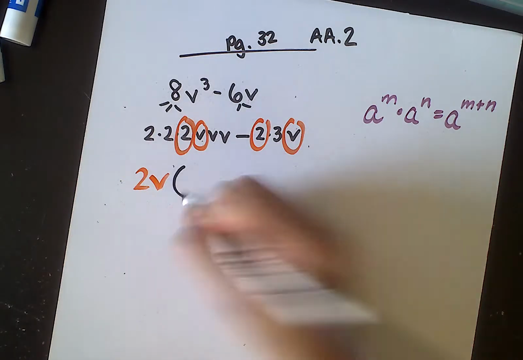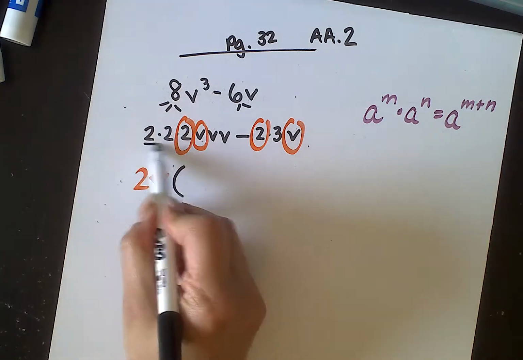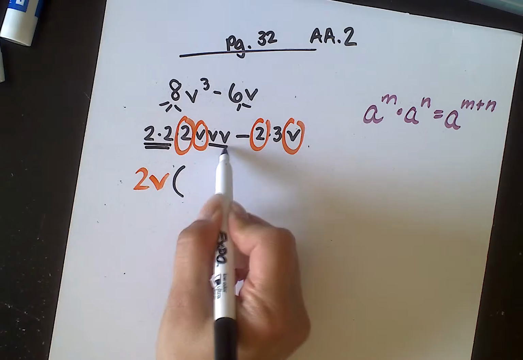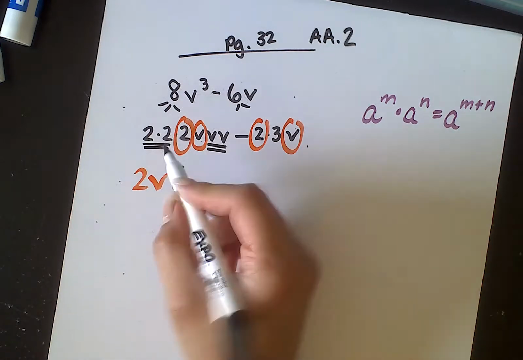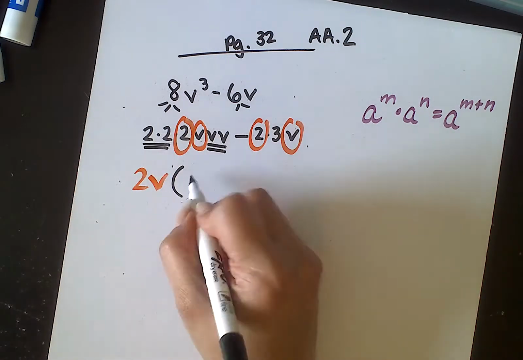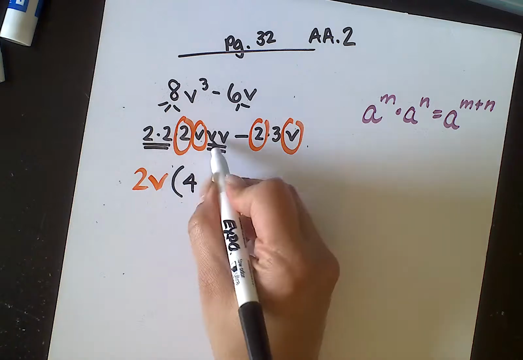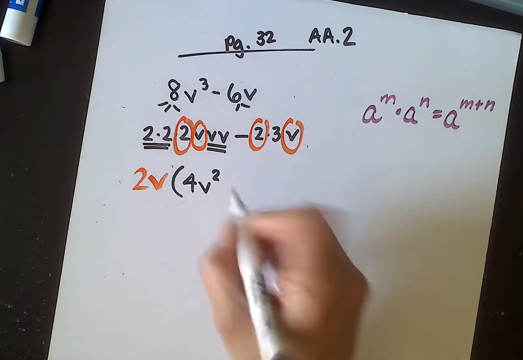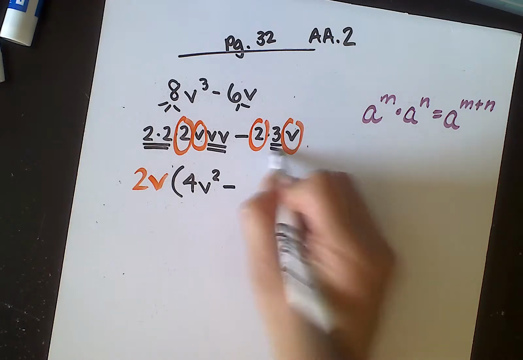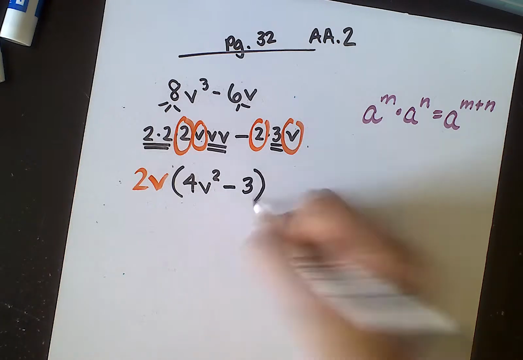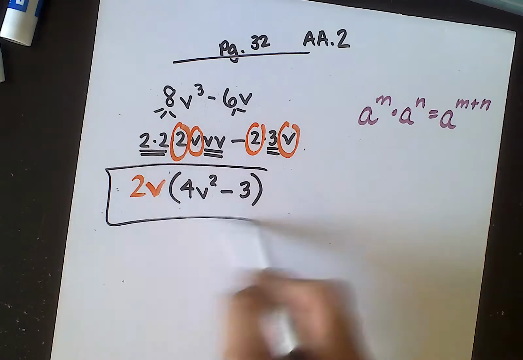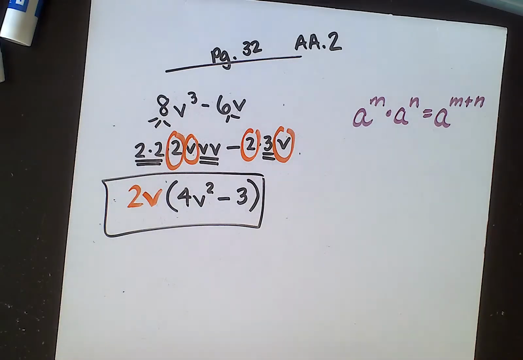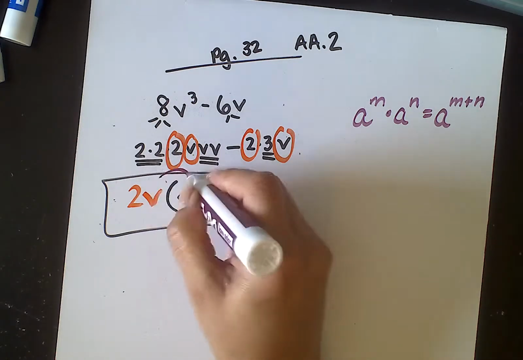Okay. Factored form, whatever I don't have circled is going to go in here. Now 2 times 2 is 4. v times v is v squared minus 3. Double checking my answer.